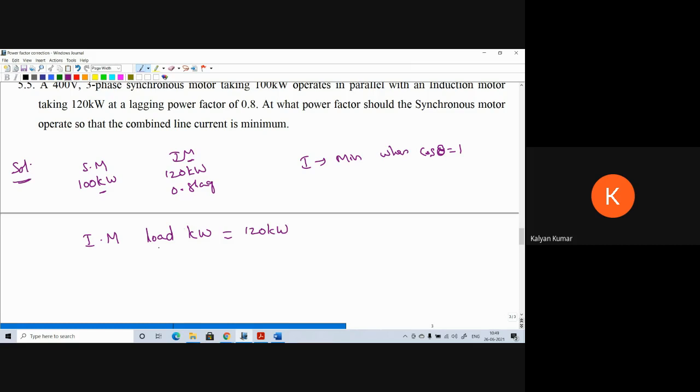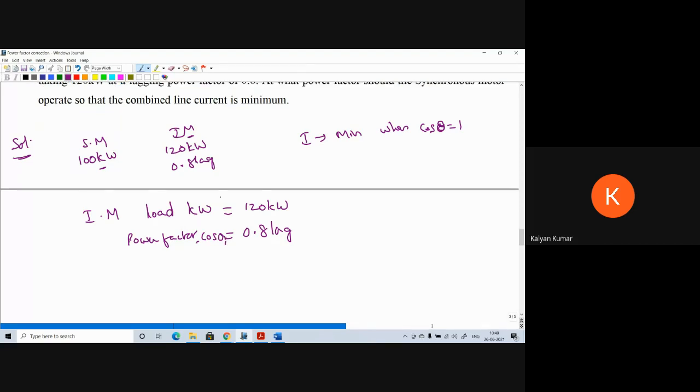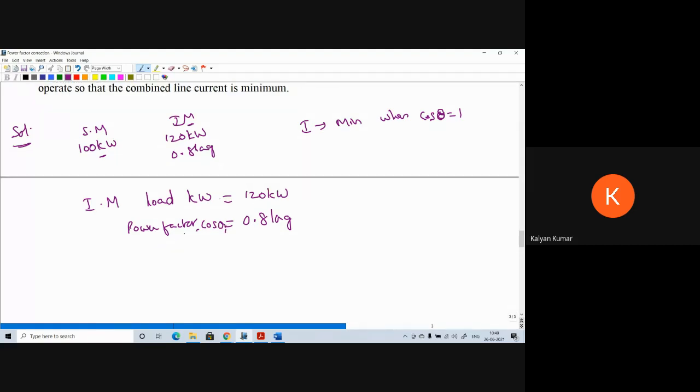Next, the power factor of the induction motor is 0.8 lagging. Let's take it as cos theta I of the induction motor. Now, what is the induction motor load kVAR?